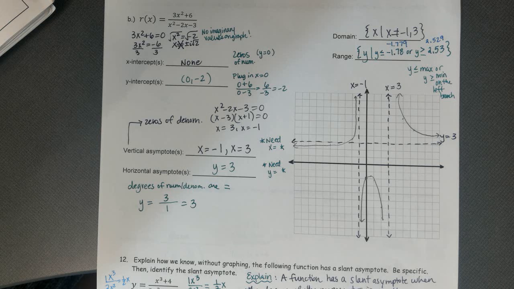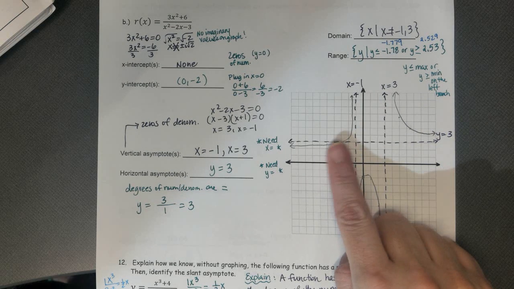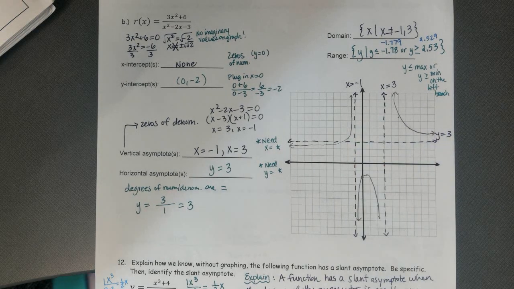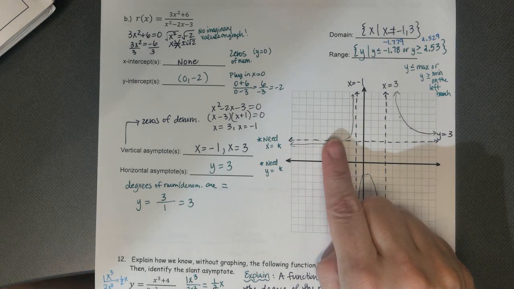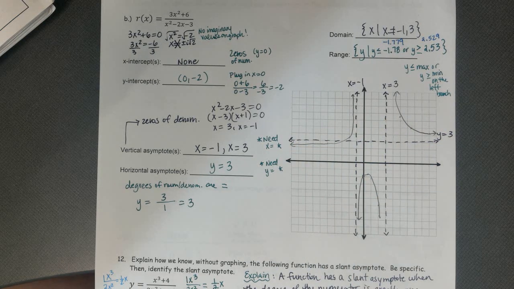Yeah, you can find the minimum value. You can tell your calculator to find the lowest point. And if it's above your asymptote here, then you know that you're good. But if you tell it to find the lowest point when it's below there, you have to find that minimum value. Okay?